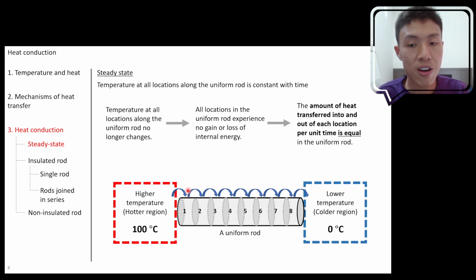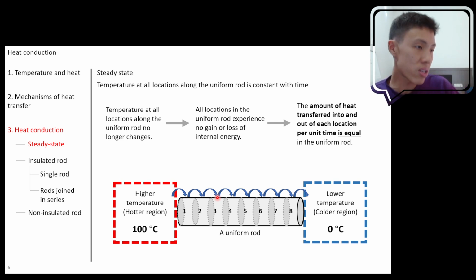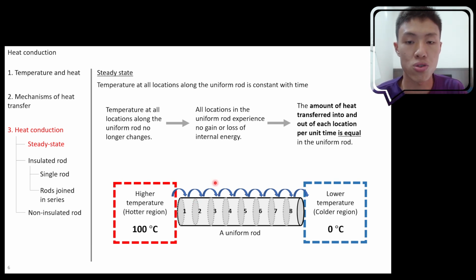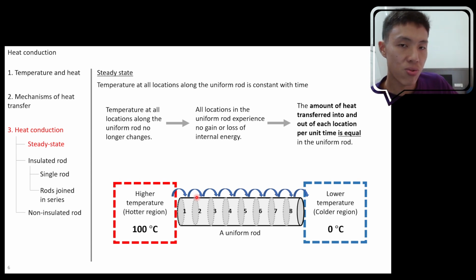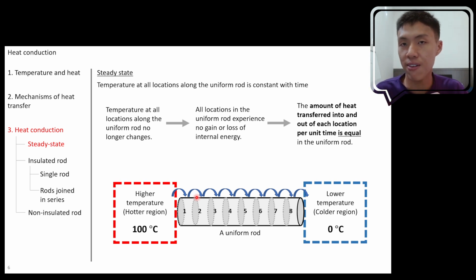If I receive 5 joules of heat from 1, I will need to pass on that 5 joules of heat to 3, so that I will not hold on to any energy that I receive, or give too much energy to number 3. By passing on exactly what I take in, I'm not having any increase or decrease in internal energy. That way, my temperature will not change.